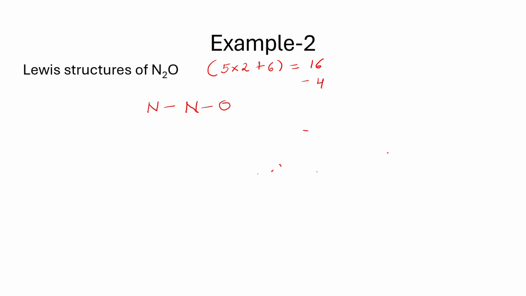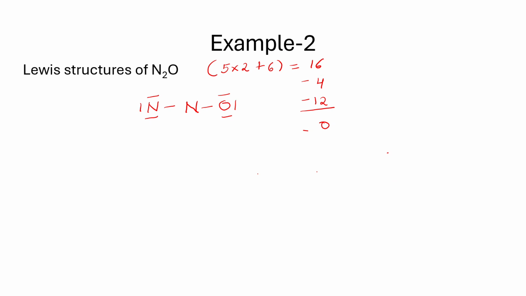And now what we do is we place the non-bonding electrons, the lone pairs of electrons, on the peripheral atoms. So we have 6 on this one and 6 on this one. All right. So that would mean a total of 12. So that means all the electrons have been accounted for. But then we can clearly see that the octet rule is not obeyed here.